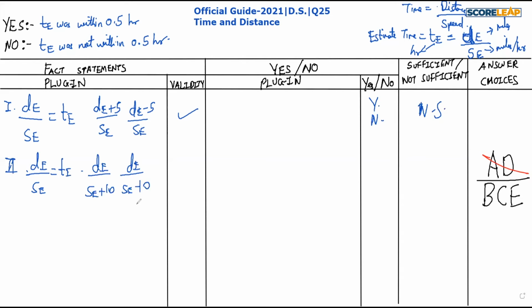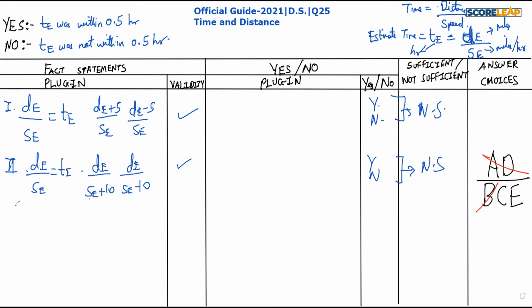Here also we are given a constraint on one of the variables, which is SE, but there is no constraint on DE. So here also we can get a yes and a no. We can plug in values and check, but no need, because we are given information of one variable only. The other variable's information is missing. So this is also not sufficient. Option B is gone.